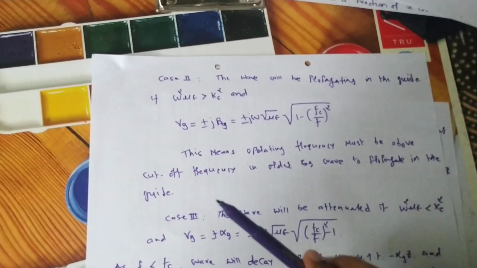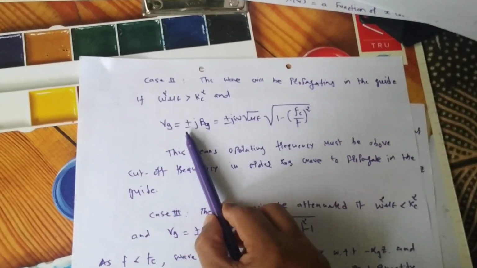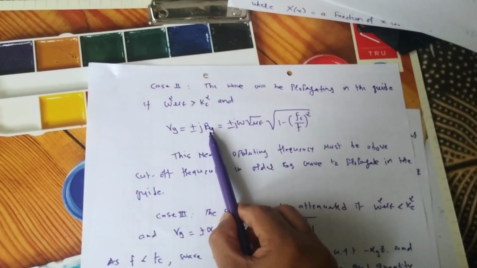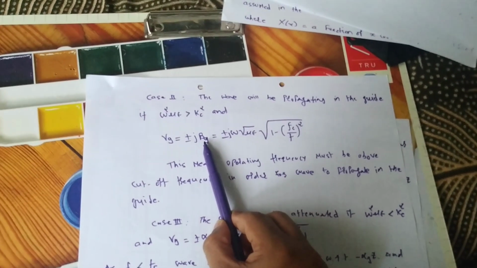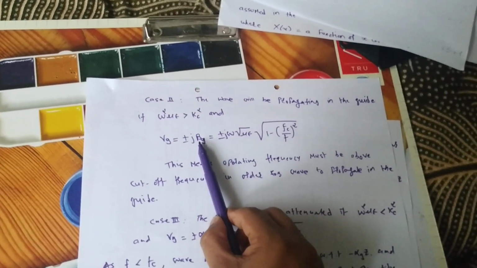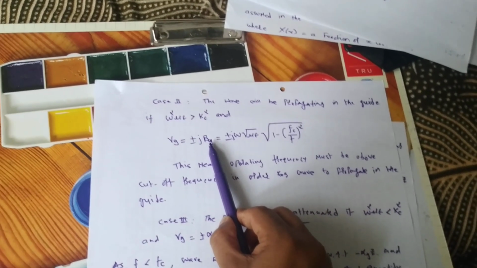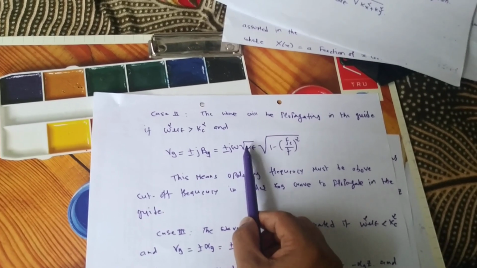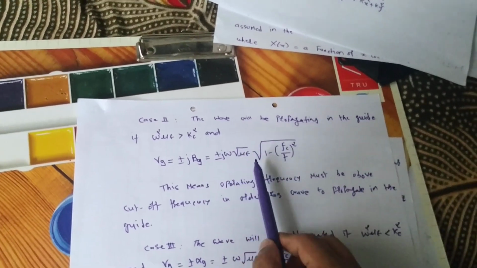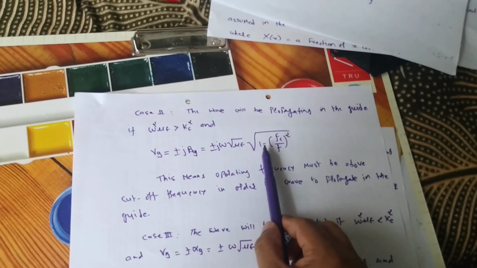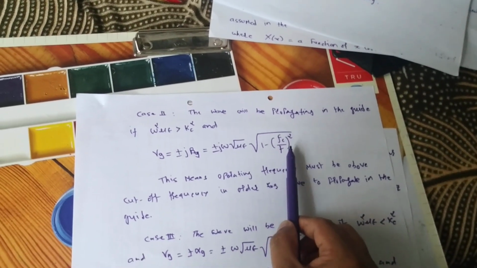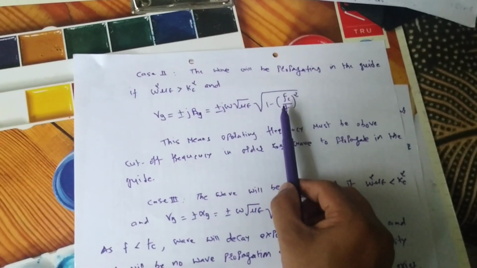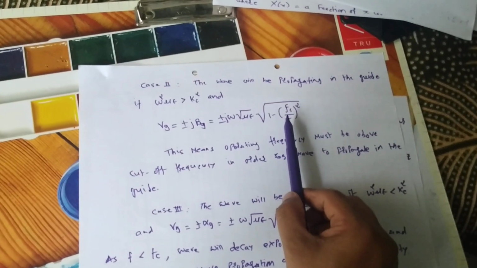So here gamma g will become plus or minus j beta g, and beta g is nothing but the phase constant for the particular guide, and hence it will become plus or minus j omega square root of mu epsilon times square root of 1 minus (fc over f) whole square, where fc is the cutoff frequency that we defined in our previous case.